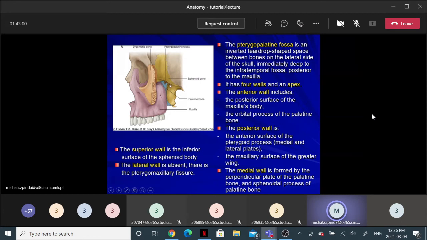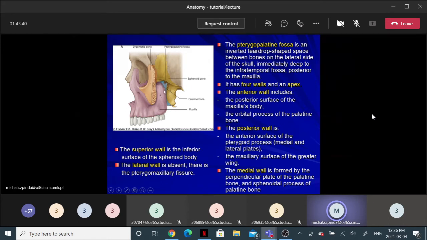It corresponds to a doorway presented by the pterygomaxillary fissure. Due to this, while viewing laterally with no lateral wall, we can see the medial wall of the pterygopalatine fossa, marked in blue here. In blue is marked the palatine bone. Only this area refers to the medial wall of the pterygopalatine fossa.